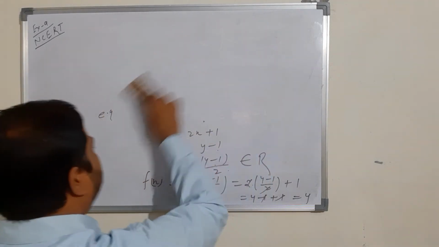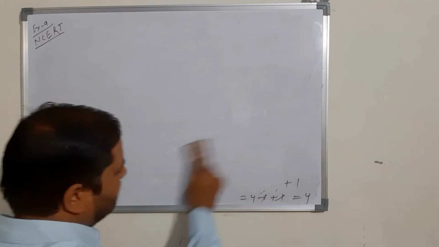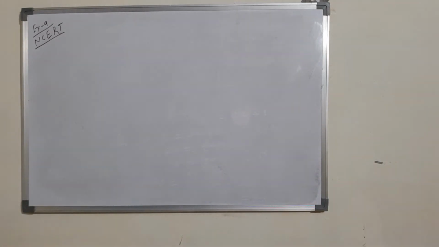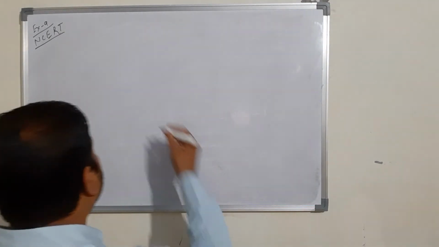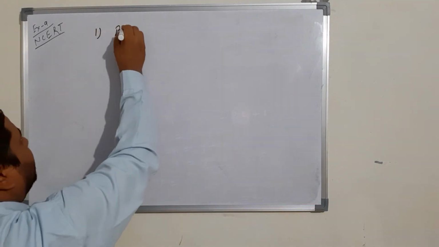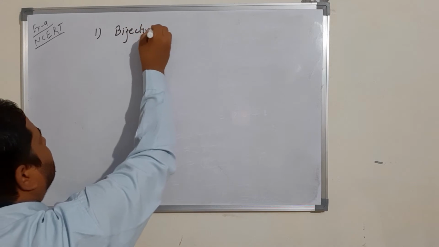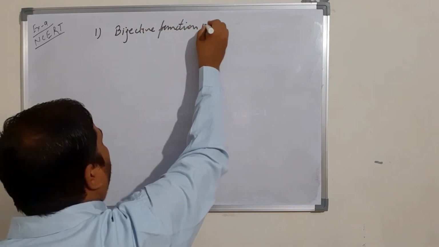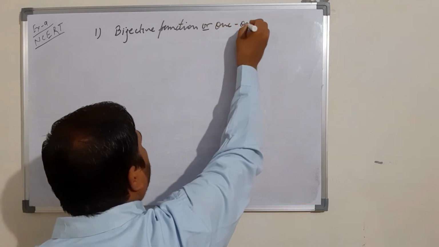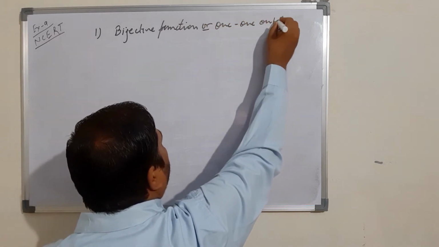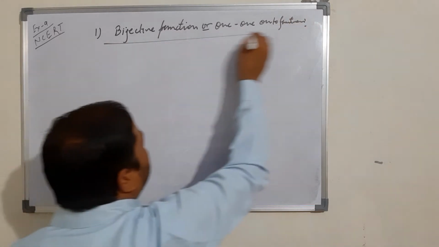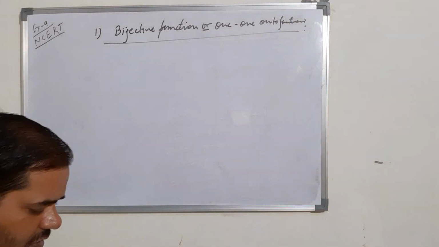This is the surjective one. Now next one is bijective function or one-one onto function.